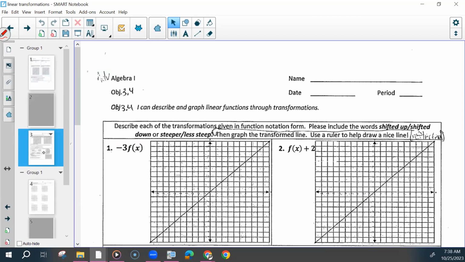Anyone need another copy of this? Okay, remind me, I believe we did these two on this page.